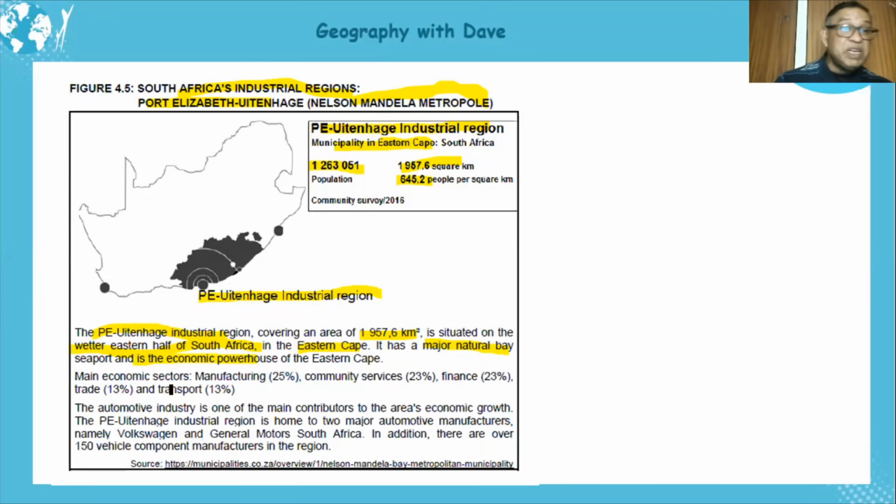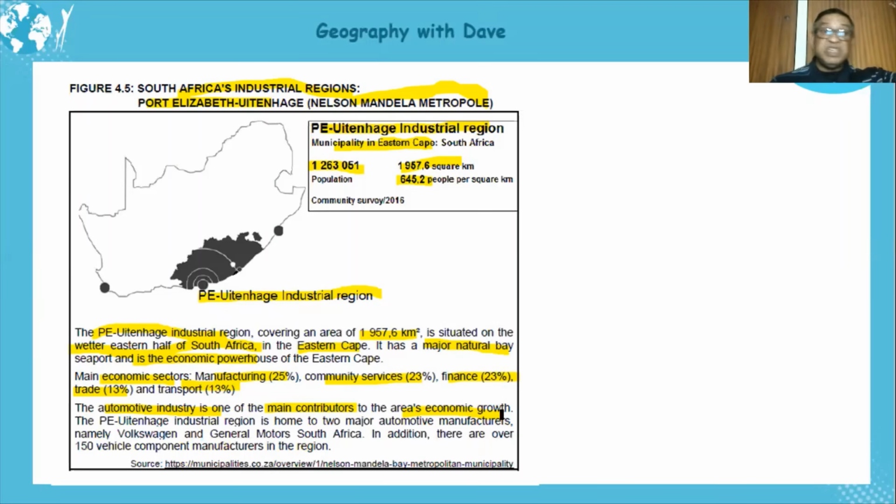Can you see how much you picked up? Main economic sector is manufacturing 25%, community 23, finance 23, trade 13, and transport 13. It gives us figures of the economic sectors. The automotive industry is one of the main contributors to the area's economic growth. It's telling us which one is the main one.